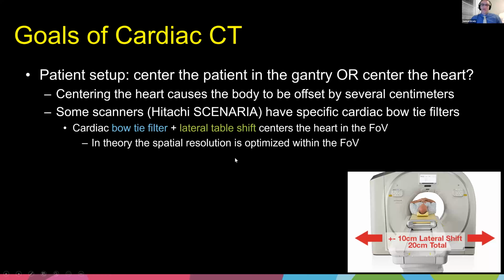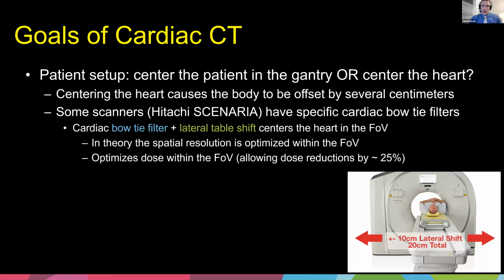That gives you the ability, in theory, to optimize the spatial resolution and the radiation dose within that field of view. So you're imaging for the heart, you're going to get the best image quality in that heart field of view. You're going to get pretty good dose reduction. From what I was able to read in the Hitachi publications, they were quoting maybe 25% dose reduction to the heart in that field of view.